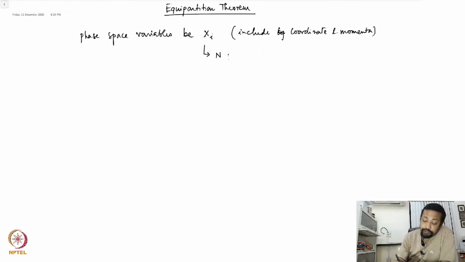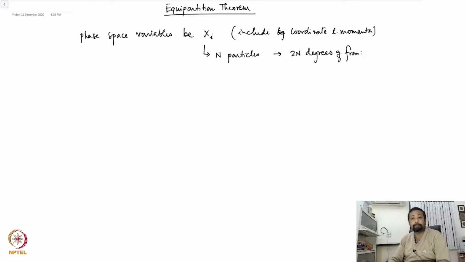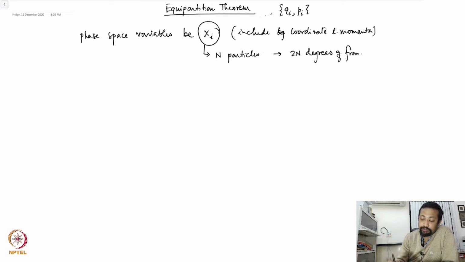For a system with n particles, there are 2n degrees of freedom in 1D. If it's in 3 dimensions, then it's 6n. Anyway, that is not the concern over here. So the set qi, pi is denoted by xi. Now I want to determine the average of the quantity xi del h del xj, where h is the Hamiltonian.